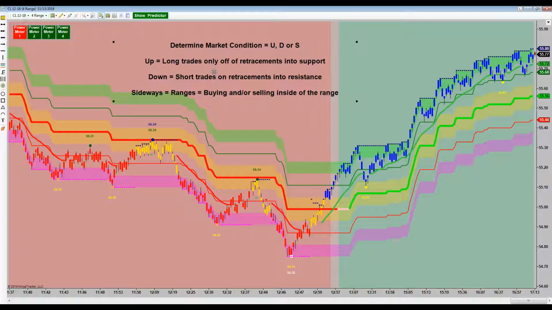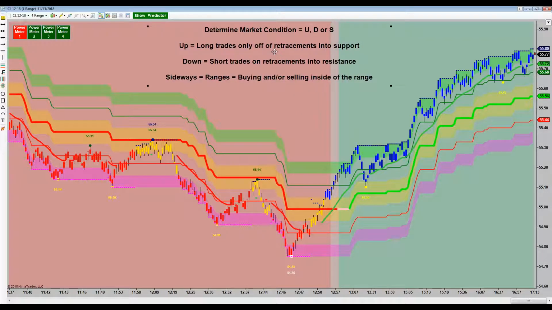Some of the characteristics to tip you off that you are in an uptrend: the first thing that happens in an uptrending move is what we call the thrust in the trend direction, which in this case is up. Several things happen visually on the charts.